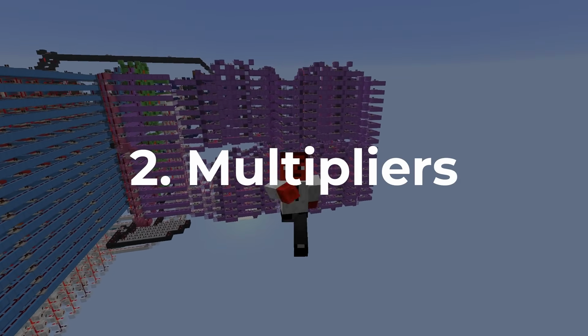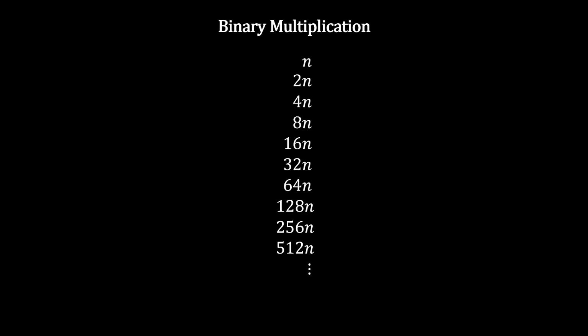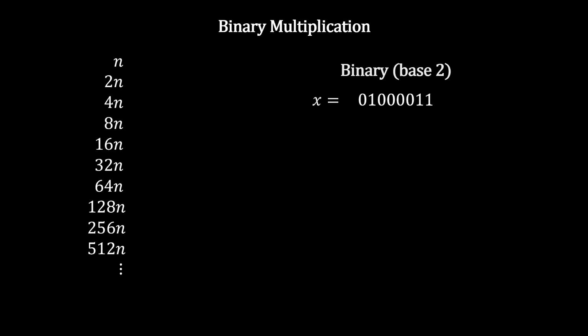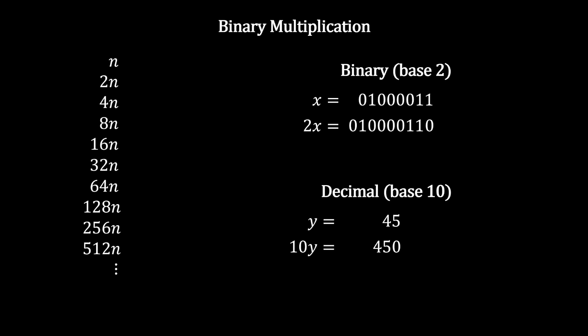For this build, we need 2 multipliers for different steps of the process. They both work by calculating the number n multiplied by different powers of 2. This is easy to calculate in binary because shifting a number 1 digit left is the same as multiplying by 2, similar to how the same thing multiplies by 10 in our normal decimal system.